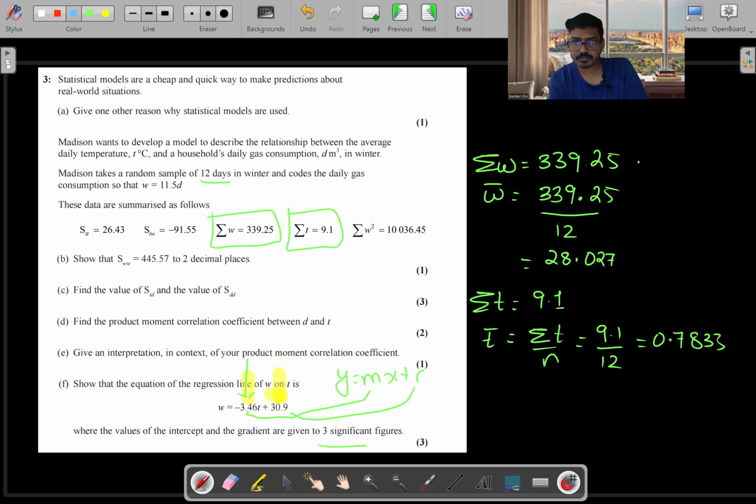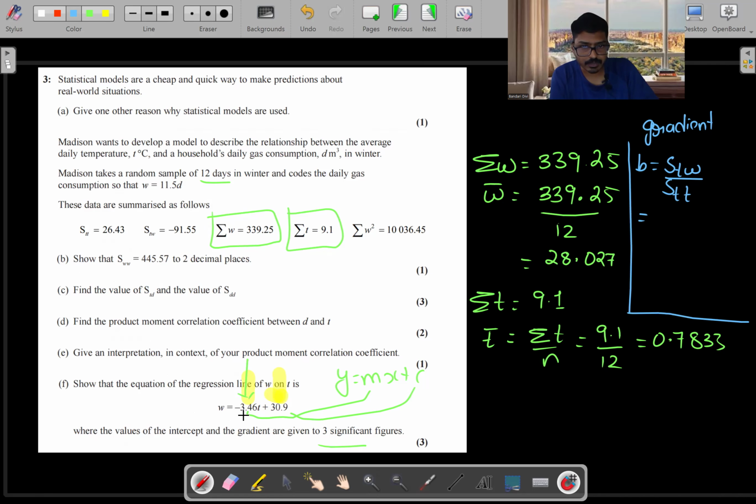Okay, so now we need to calculate B, which is the gradient, from the equation sheet. If you can pause and get it, all the equations are on the same page. So B is equivalent to STW upon STT. What is our STW?